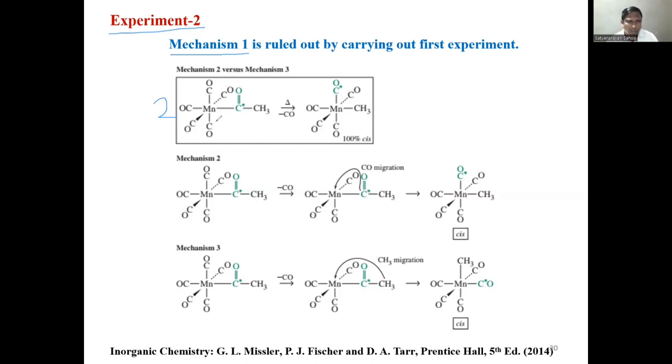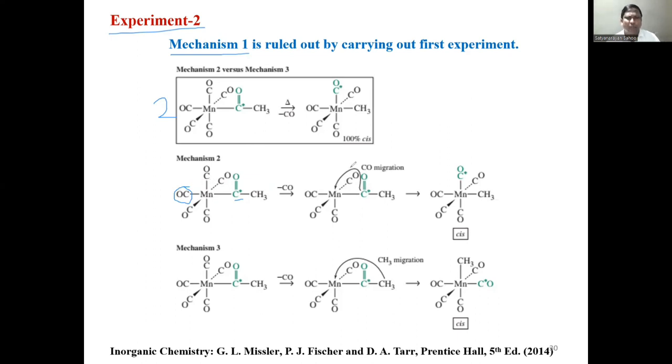Now you see the labeled CO is in the acyl position. This is not the position, because this is trans to the acyl group. So any of these four, one of the COs is lost first, then the carbonyl migrates to that side. Let us say the carbonyl is lost from this position.